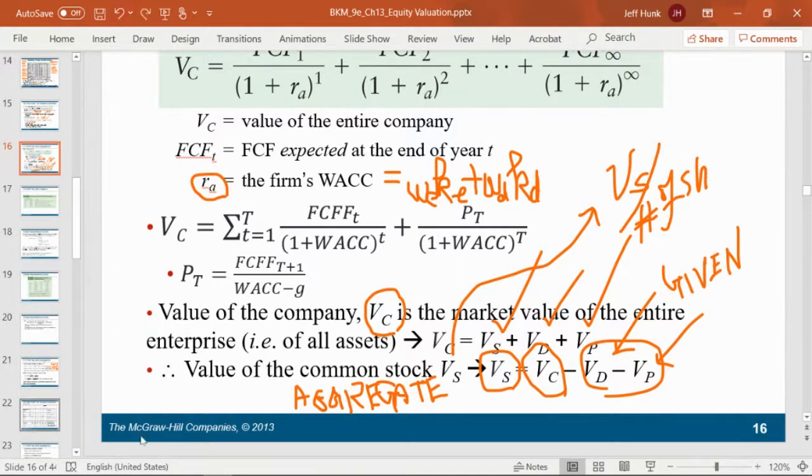And then you arrive at the per share value of the stock. I will use S0 for the stock price per share, right? So this is basically the approach.